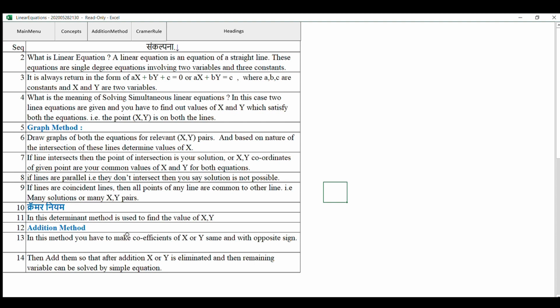In the addition method, the trick is that when you add two equations, one of the variables should get eliminated.